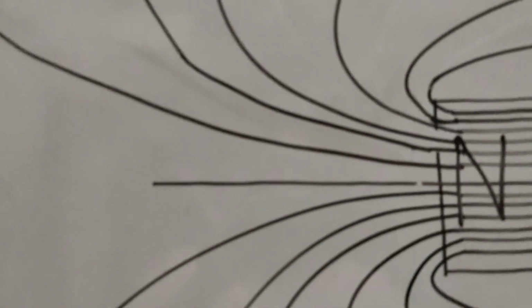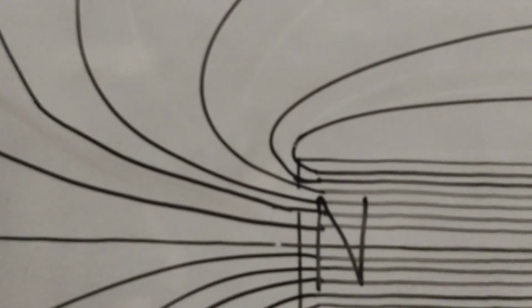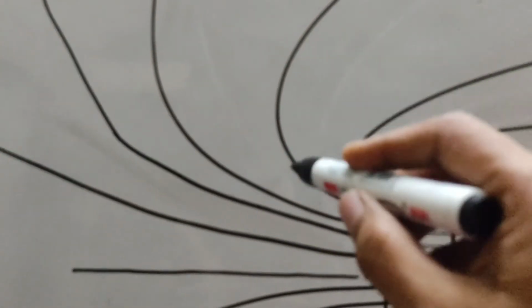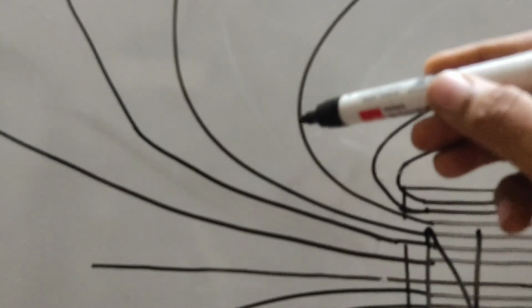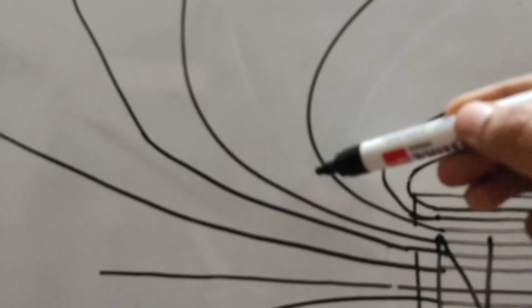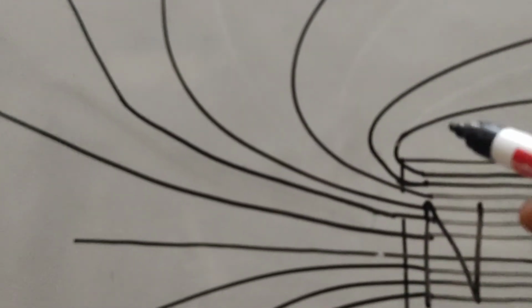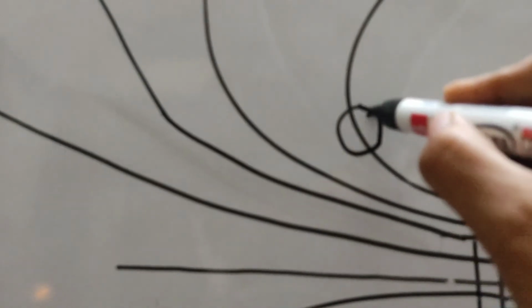And remember, for any definition or for the direction, we are going to prefer North Pole as compared to the South Pole. So in this case, we will say the direction in which the North Pole of the magnetic compass needle was pointing would give us the direction of magnetic field lines. Suppose I imagine that a magnetic compass is placed here.